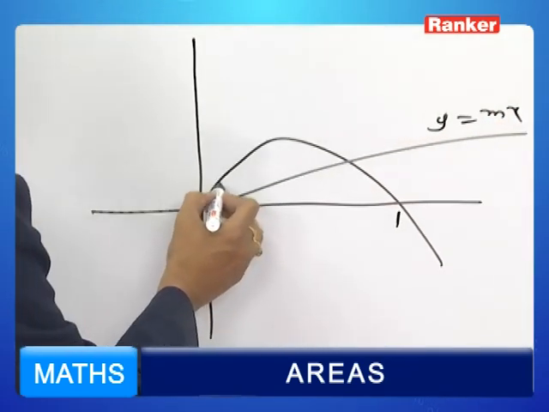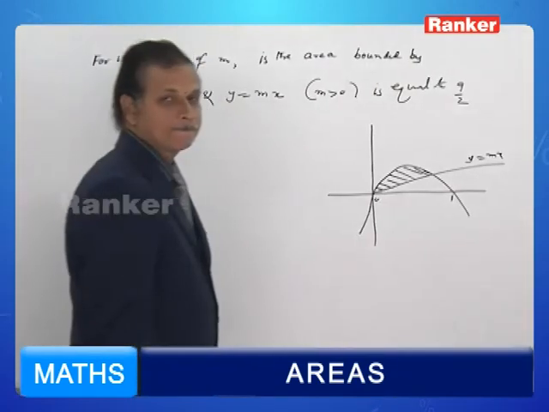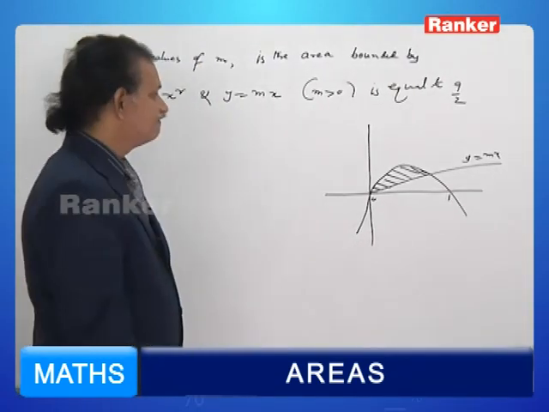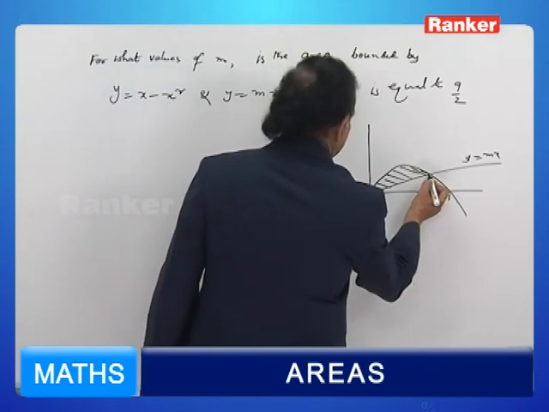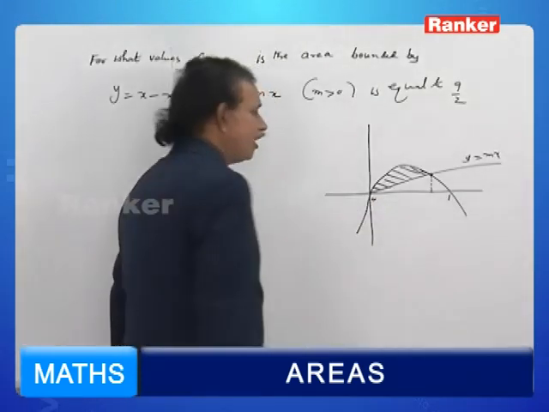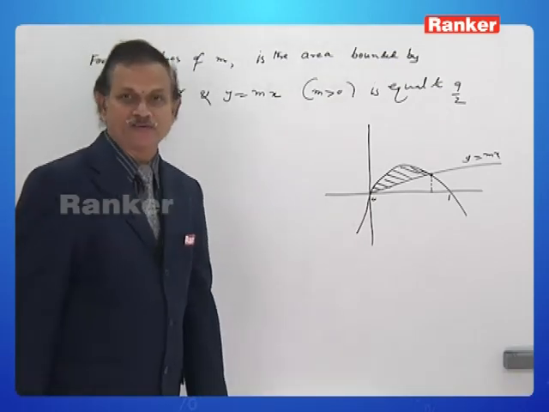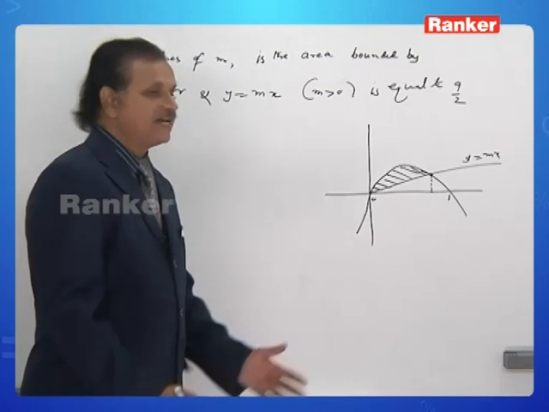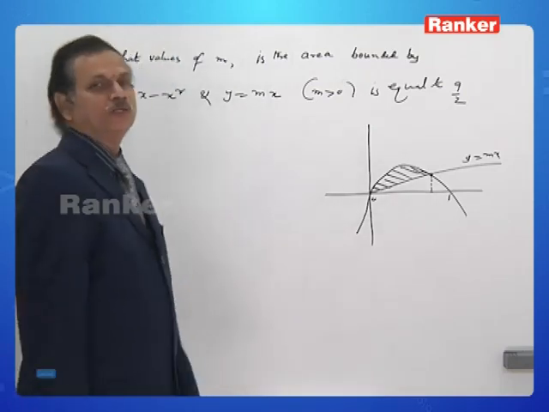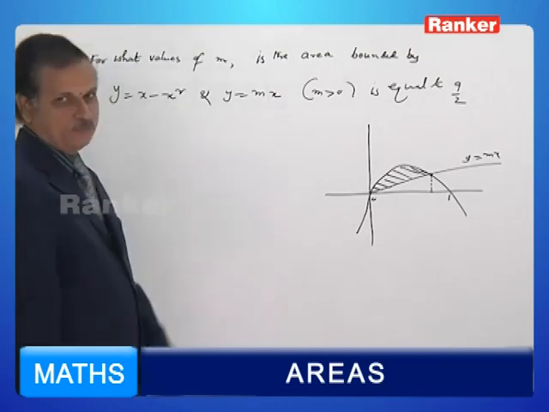And we want to have the area between them. So for that, we must be able to know this point. Then only you can have the limits of integration. Therefore, the very first duty is you have to know the point where these two curves meet.